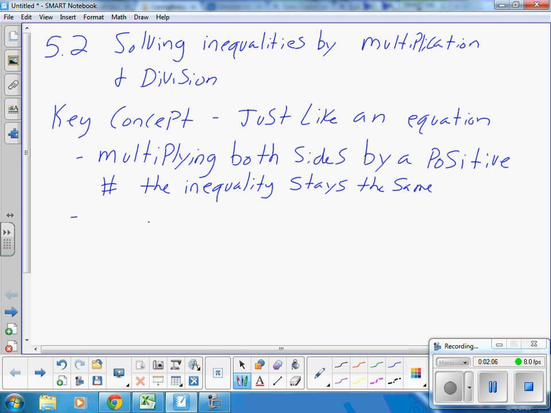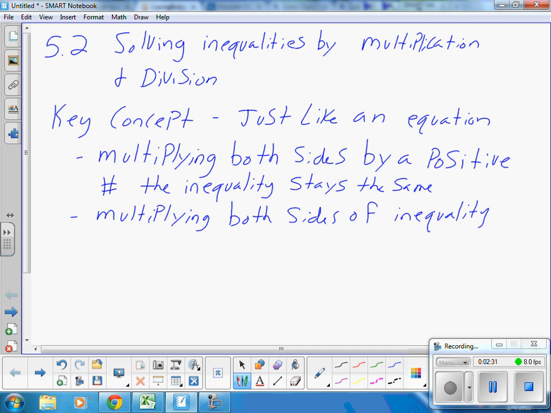The other side of that, though, is multiplying both sides of an inequality. Yes, I know I said equation.